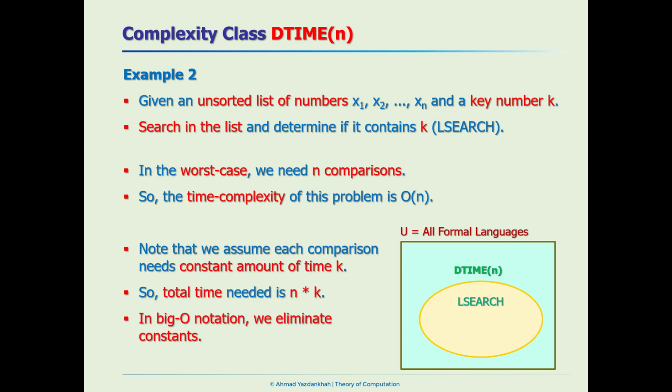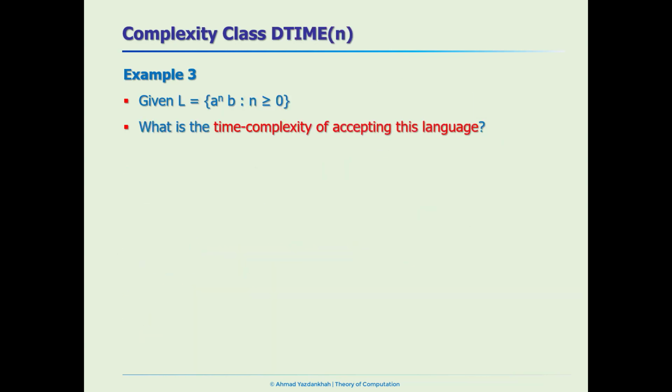Let me take another example. So how about this language? If we want to process and accept this language, what would be the complexity of that? We have a to the n b, so it means that overall we have n plus one symbols, and for every symbol we would need one transition.